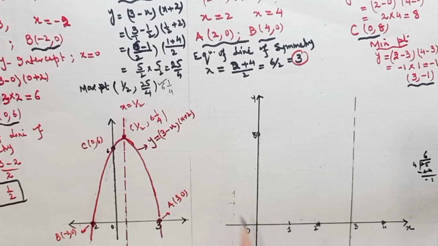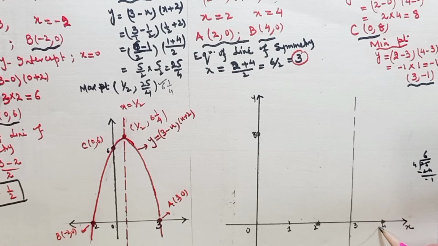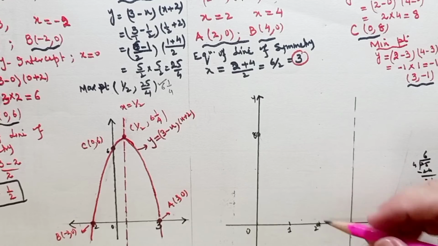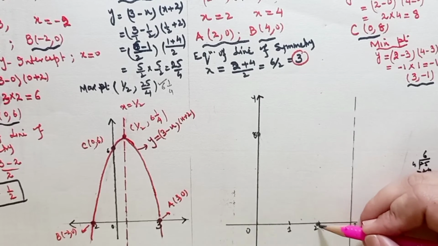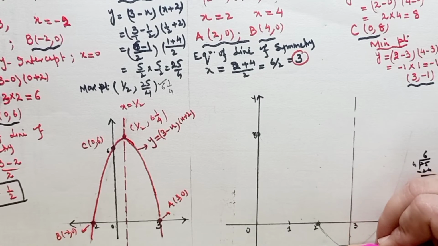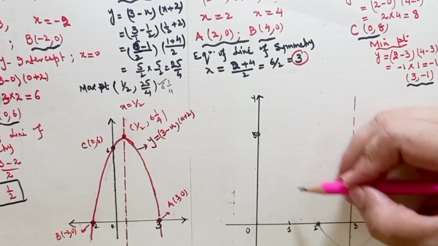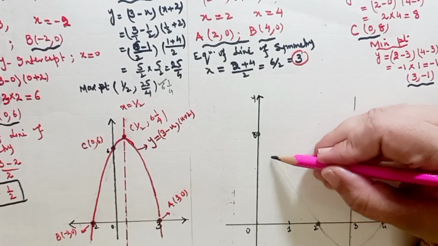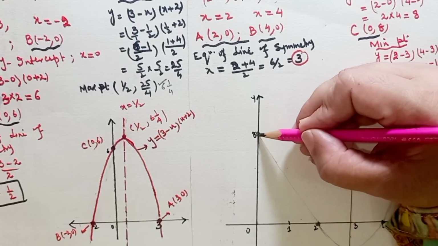So now after plotting all these points, we have to join them with the help of a smooth curve. Okay, let's begin from these 2 points, and let me go up, and then I have to join these 2 points. First go with a soft hand, and then I have to join this point towards 8.